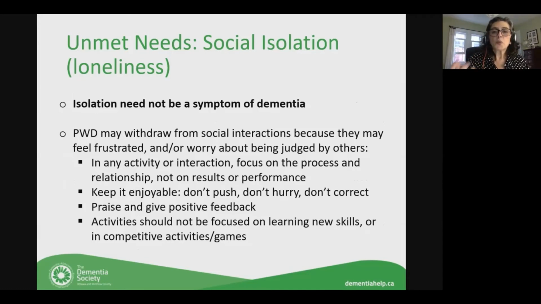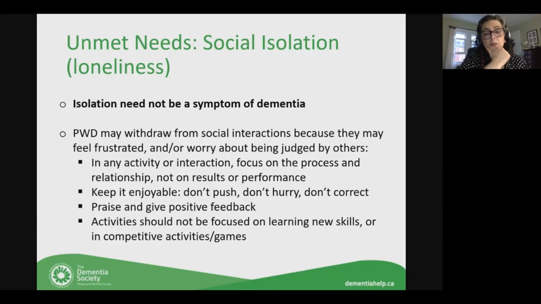So are there ways in which we can engage the individual and help to stimulate some kind of socializing around meaningful activity? Now, it is important, as I mentioned in my example of the visit before, that sometimes social interactions are not necessarily what the individual needs, because they worry about being judged by others, because they lose their train of thought, they can't find their words, and they may get frustrated.